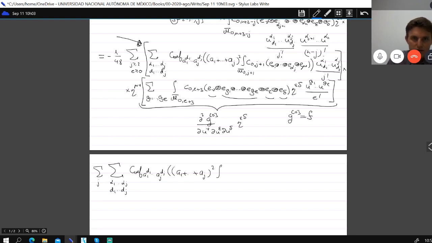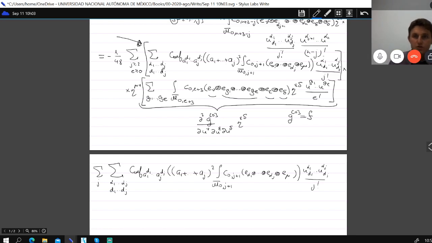We have integral m0 j plus 1, c0, this expression, times the product u alpha 1 e1 alpha j dj over j factorial.